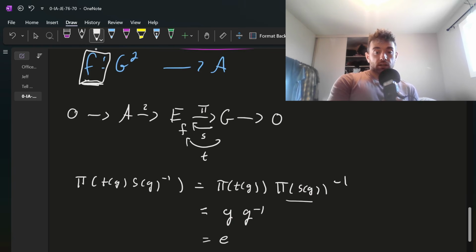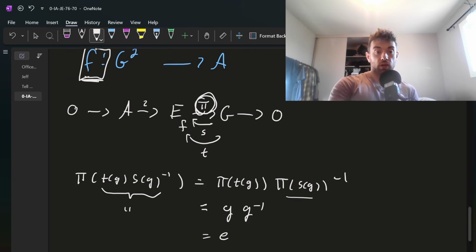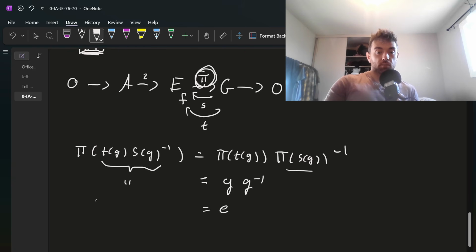So again, because this element lives in the kernel of pi, and this is a short exact sequence, we know that this element has to lie in the image of A. And so there has to exist some element of A where if we apply our map I, we will get this element here.